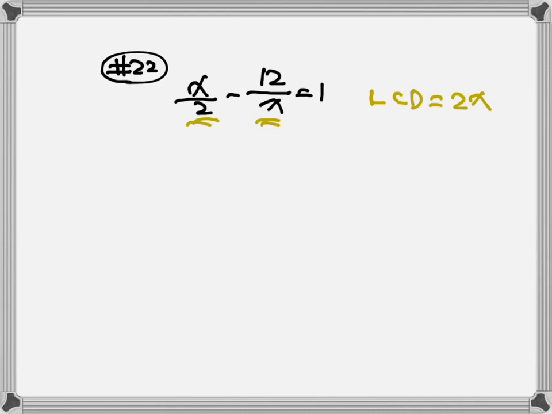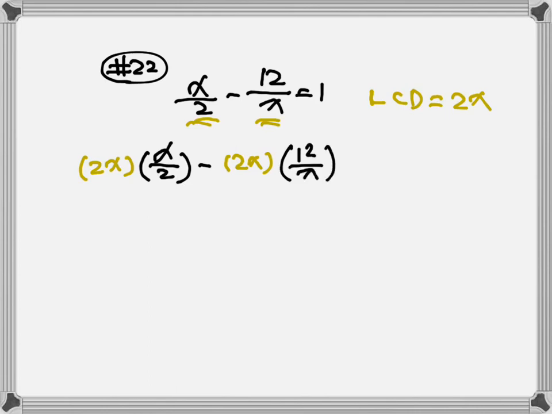Then after that, we're going to take the least common denominator, the 2x, and multiply it to every single number in the equation. So minus, let's take the second one, 2x multiplied to the second fraction, so here will be 12 over x equal to 2x times 11. Okay, so do the same thing.